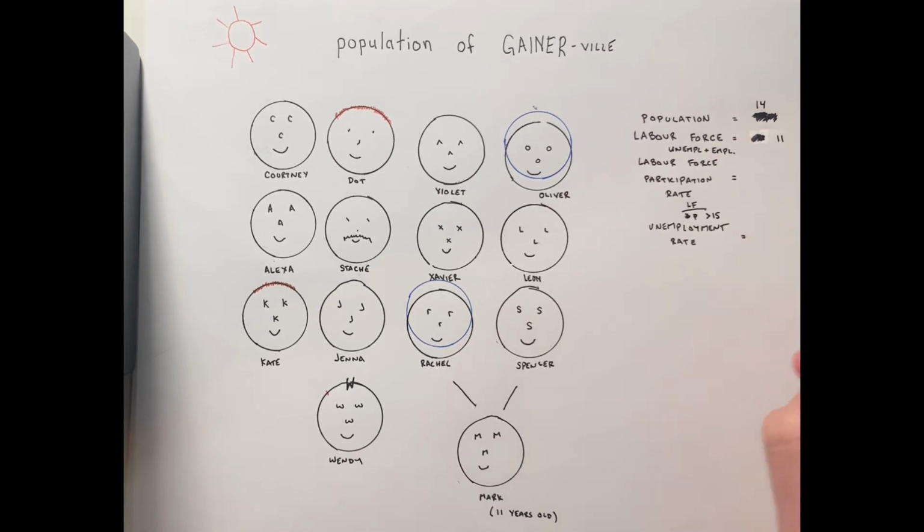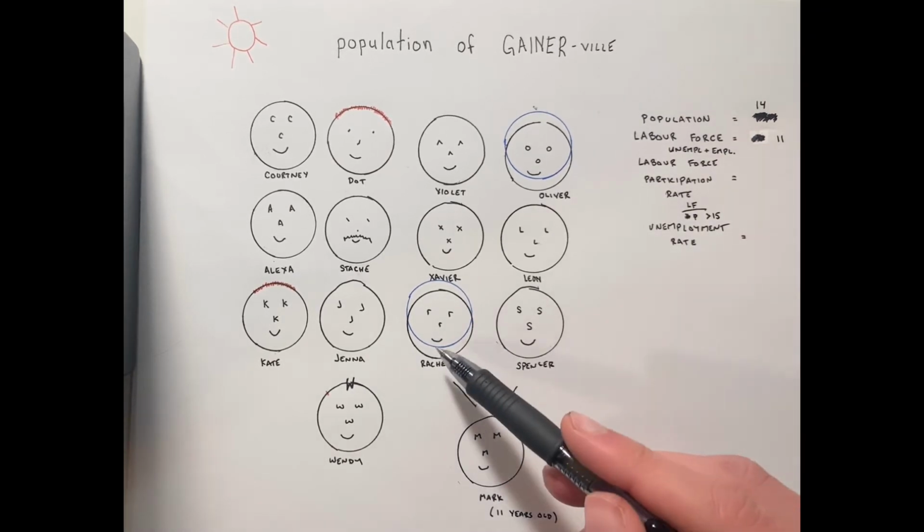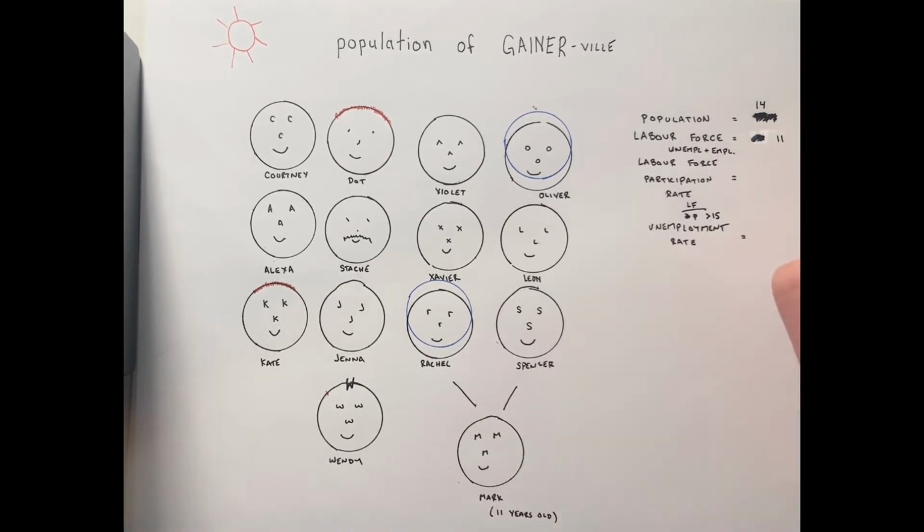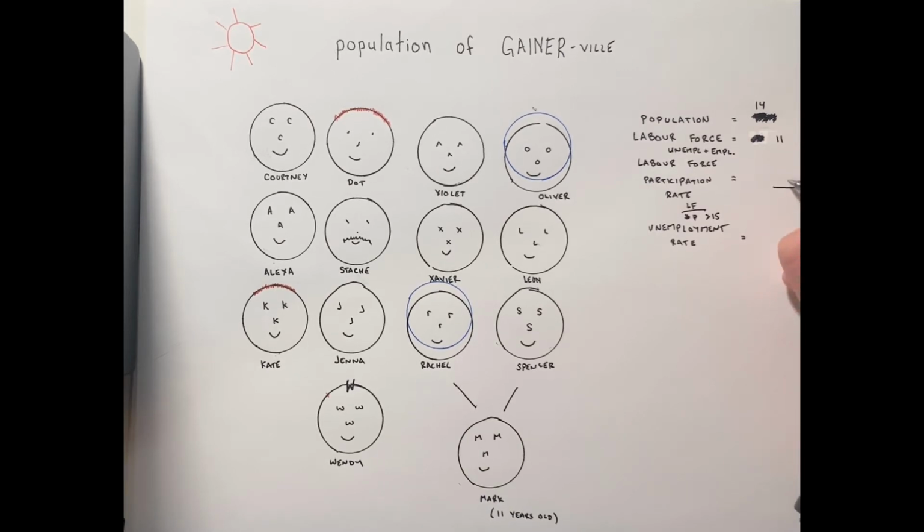And that's just shorthand notation there. So we're going to include Rachel and Oliver in the denominator, but not in the numerator. So we have the labor force, which is 11, and we exclude Mark because Mark is the only one that's not over 15. Otherwise, everyone else is included. So 4, 8, 12, 13. So 13, and that's our labor force participation rate is 11 over 13.